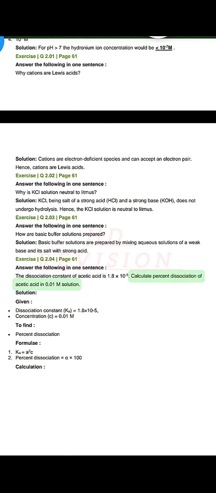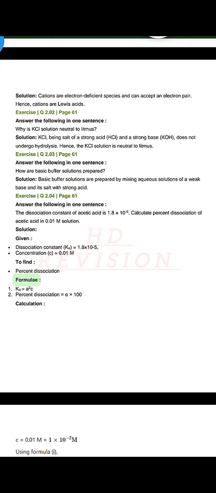Calculate the percent dissociation of acetic acid in 0.01 M solution. Solution. Given: dissociation constant Ka equals 1.8 times 10 to the power minus 5, concentration C equals 0.01 M. To find: percent dissociation. Formulae: 1. Ka equals alpha squared C. 2. Percent dissociation equals alpha times 100.